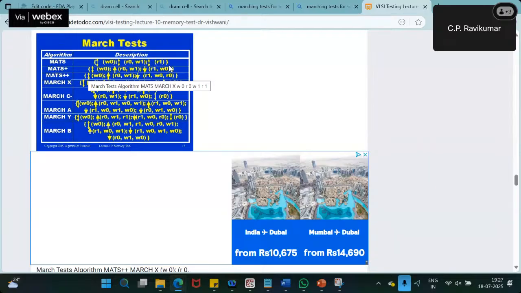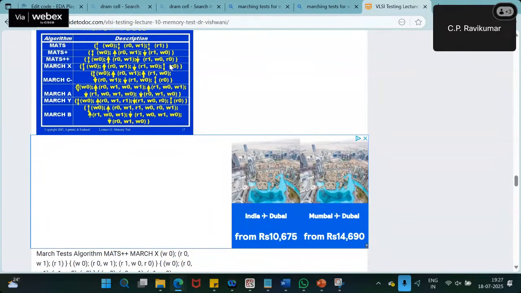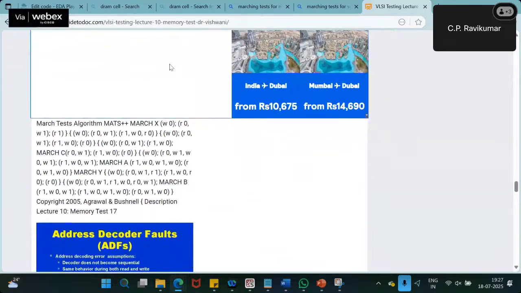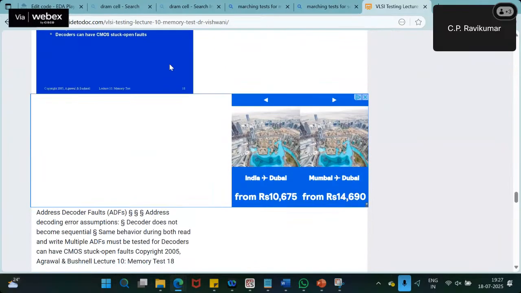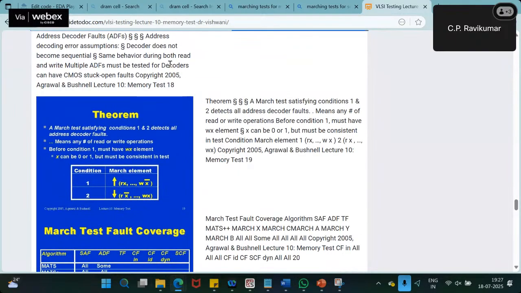We have to spend some time arguing whether transition faults are caught or not caught. What about row decoder faults? The analysis of each of these algorithms will be given in the paper where these algorithms were proposed, so you may want to look at at least one or two of these. Okay. So there is a theorem, right?